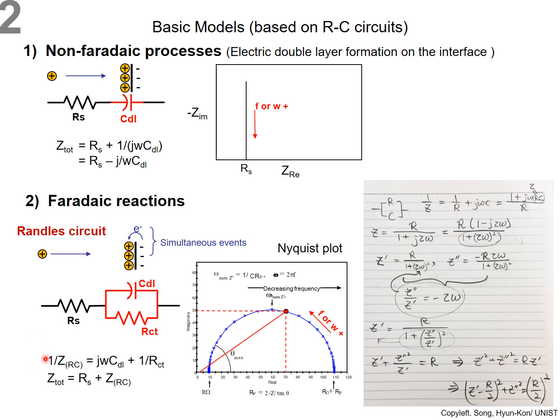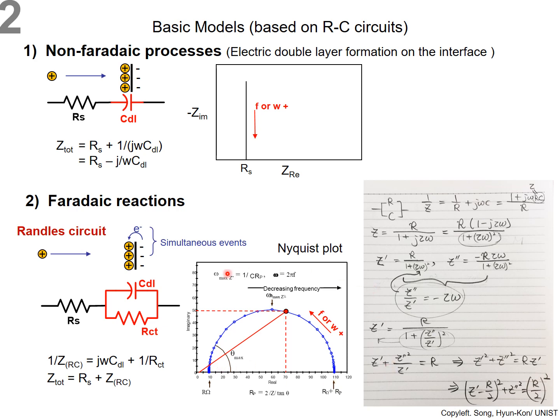That is to say, 1 over the impedance of this circuit is equal to 1 over the impedance of the capacitor. The impedance of the capacitor is 1 over j omega Cdl, so its reciprocal term is j omega C double layer plus 1 over Rct. By combining those two equations, you have the semicircle on the impedance plane or complex plane.